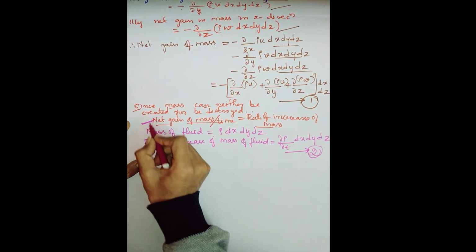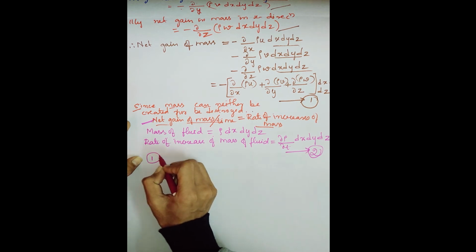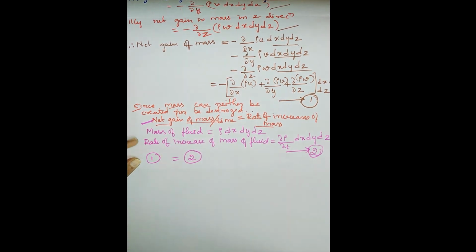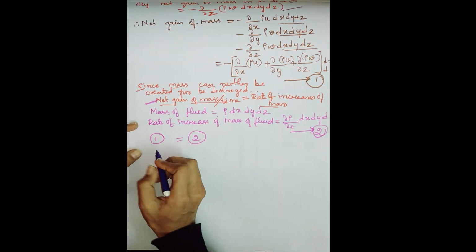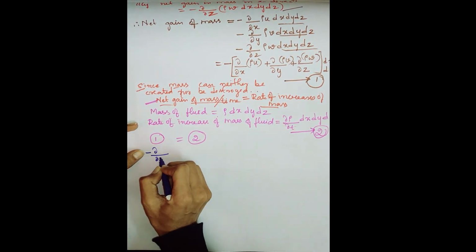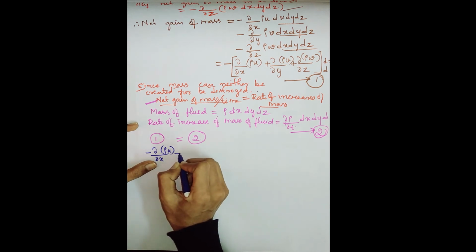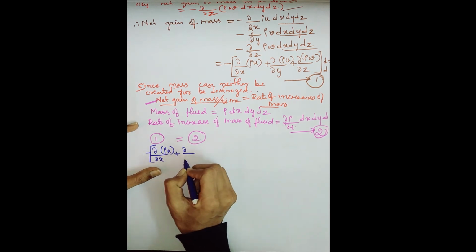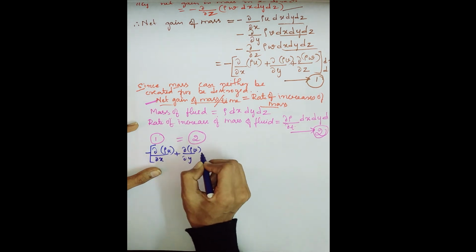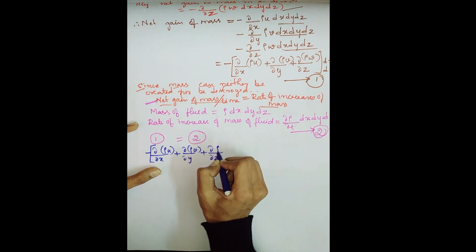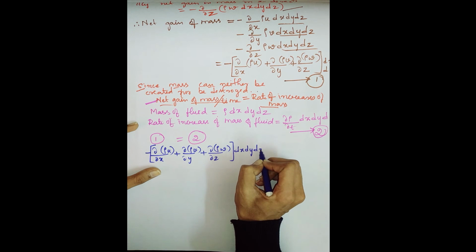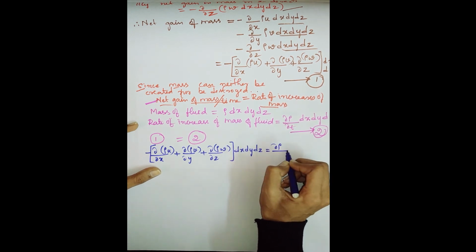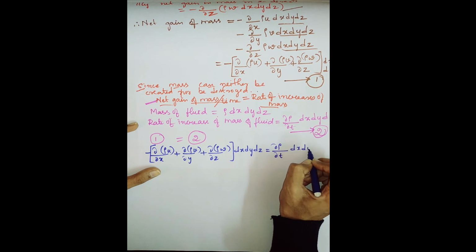So we'll equate equation number 1 and equation number 2. Equation number 1 is minus dou by dou x of rho into u plus dou by dou y of rho into v plus dou by dou z of rho into w into dx, dy, dz is equal to dou rho by dou t into dx, dy, dz.